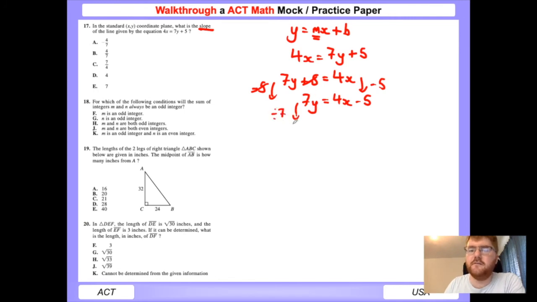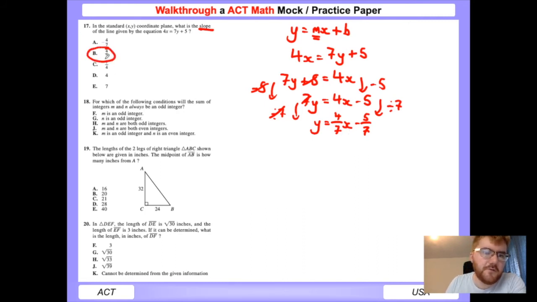Well, that's dividing by 7 on both sides. And notice the dividing by 7 applies to both of these. So we get 4 over 7x minus 5 over 7. And again, we wanted that gradient here, the fraction in front of the x, so our answer is going to be 4 over 7.